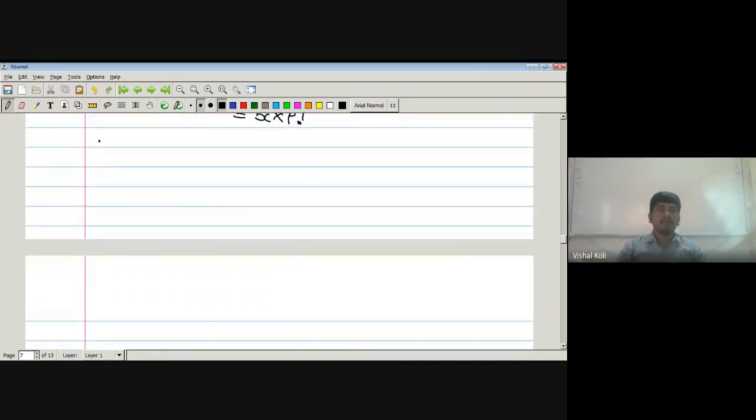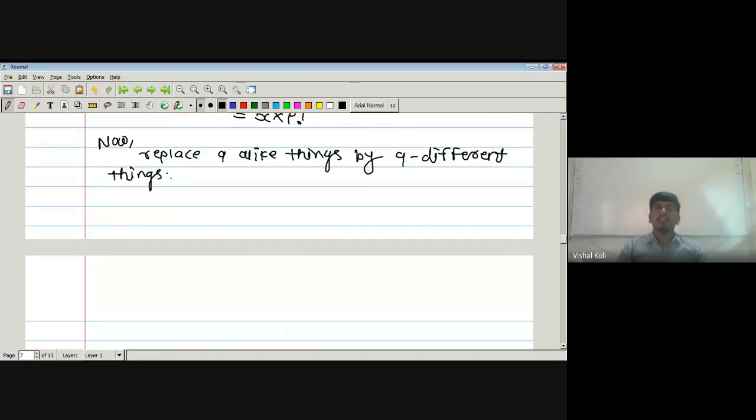Now replace q alike things by q different things, which are also different from the other things. As we have replaced the q alike things by q different things, these q different things can be arranged among themselves in q factorial ways.